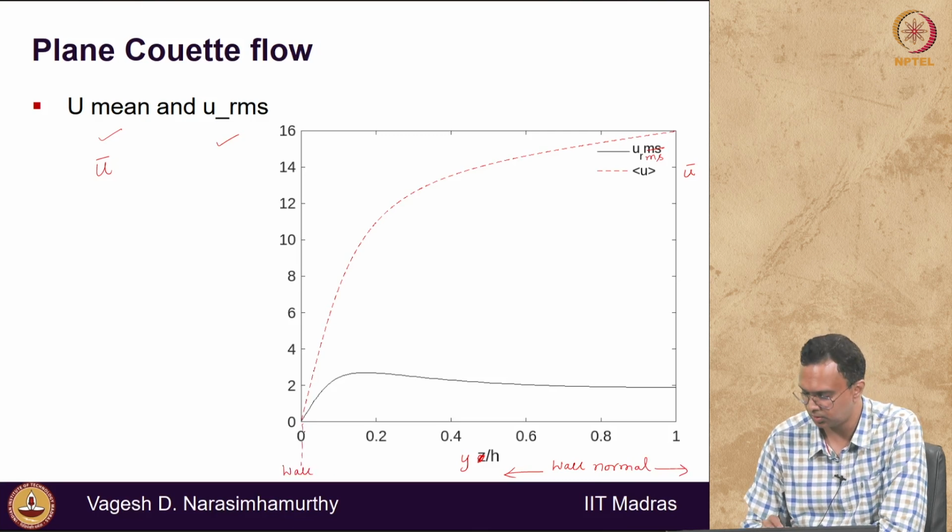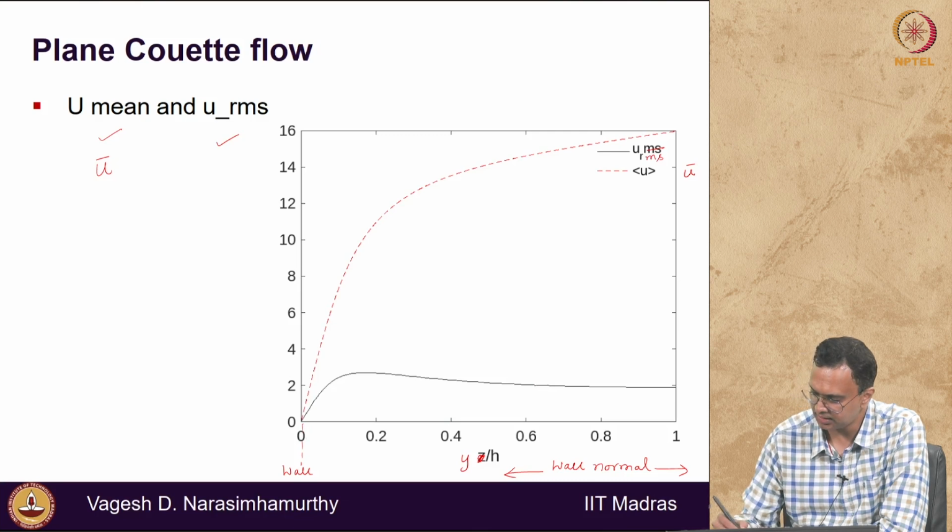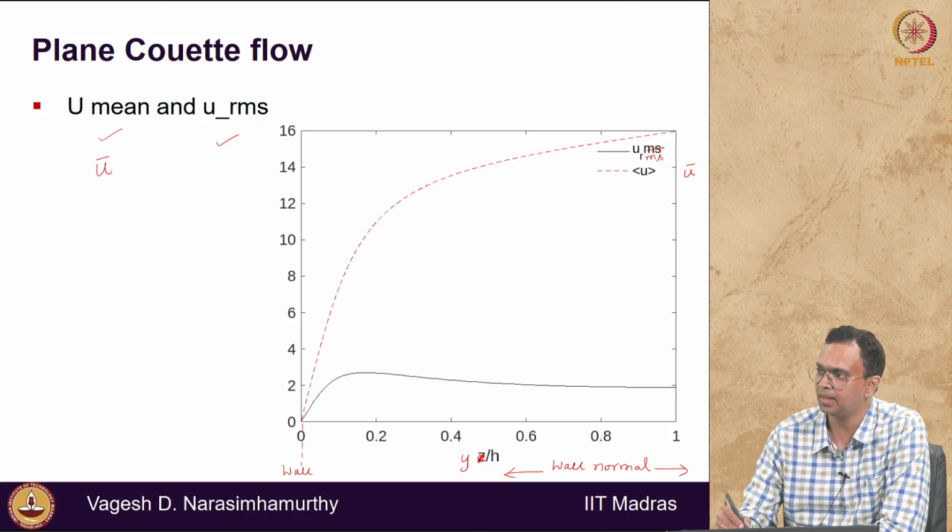You are approaching the wall. As you go away from the wall, let's say here, the turbulence velocity urms is about 2, and at that same location, if I go up, the mean momentum is at least 10 times larger, an order of magnitude different.